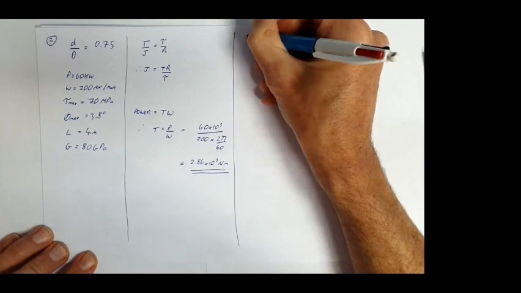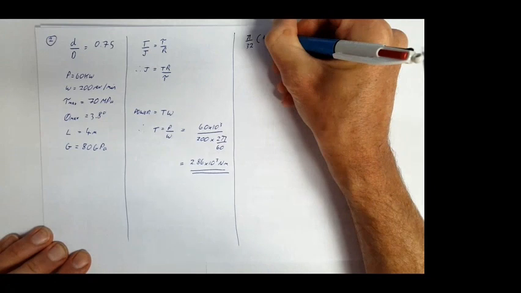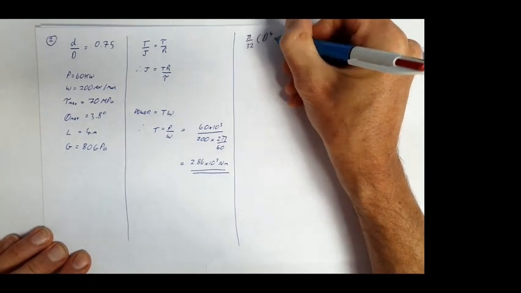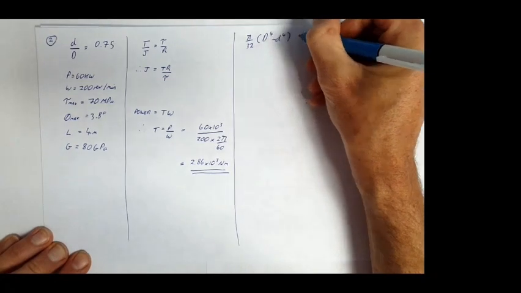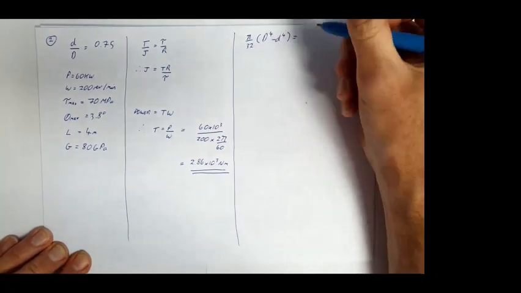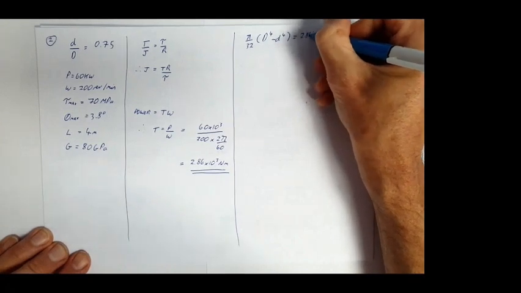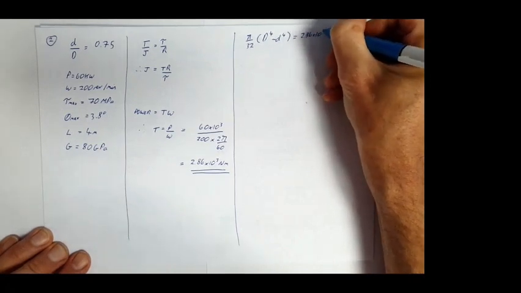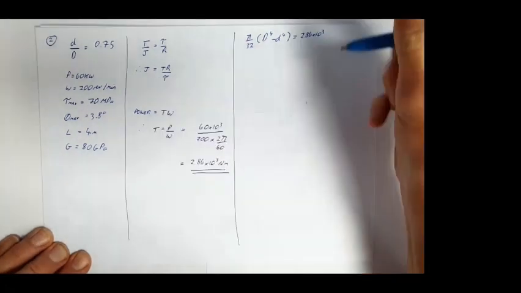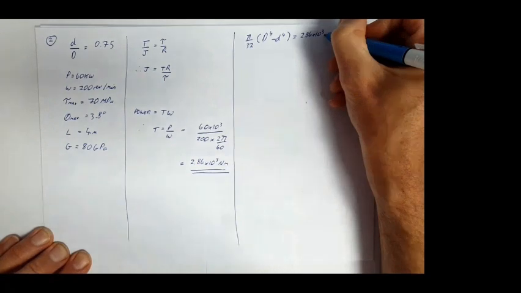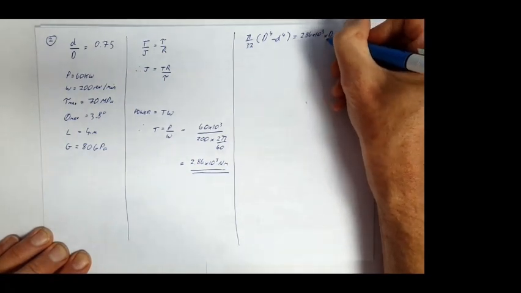J is pi over 32 times the outside diameter raised to the power of 4 minus the inside diameter raised to the power of 4, equals our torque, 2.86 times 10 to the 3, times our radius, which is our diameter divided by 2.